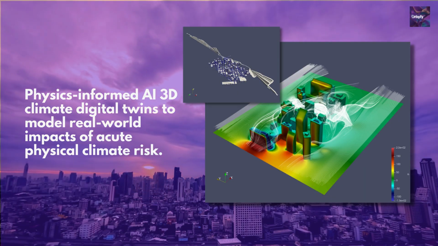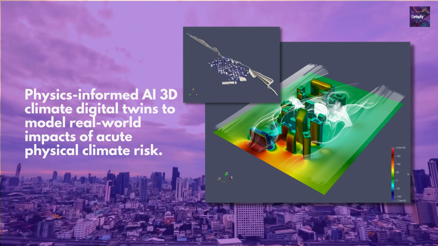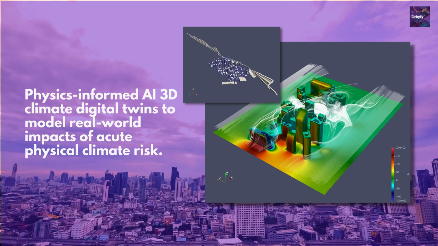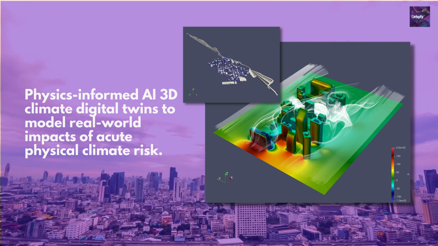So, in summary, physics informed AI that powers 3D climate digital twins so we can translate climate risks into climate forces for buildings, structures, and homes.